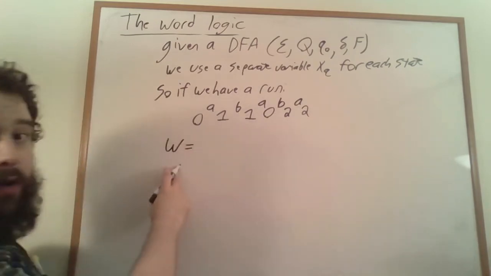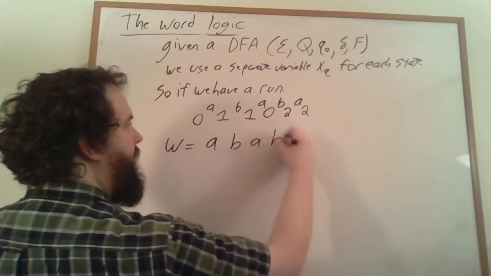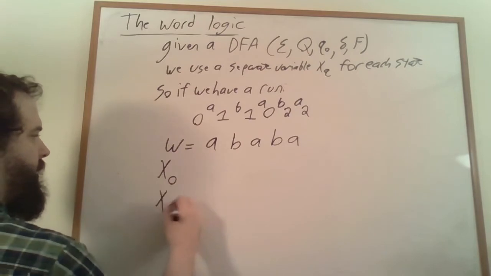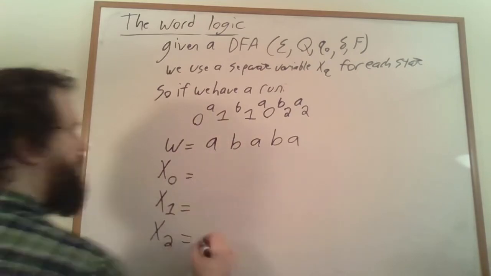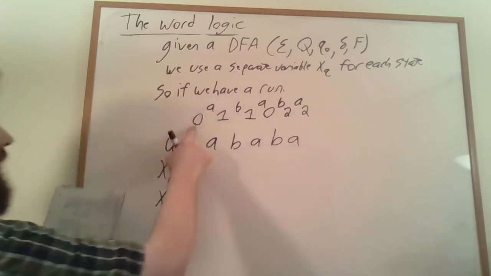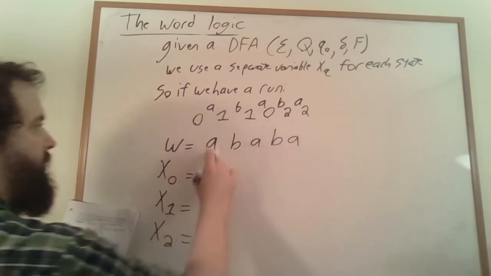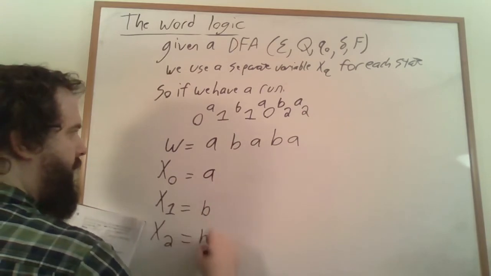We'll have our original word W, which is going to be A, B, A, B, A, and then we'll have our three words indicating our states that will look like this. To indicate that we start off in state 0, we're going to put an A in the first place in x0 and B's elsewhere.